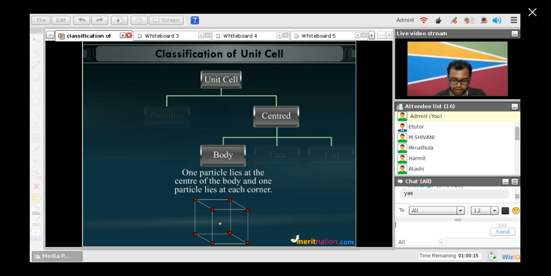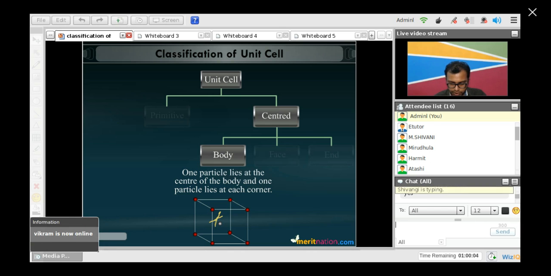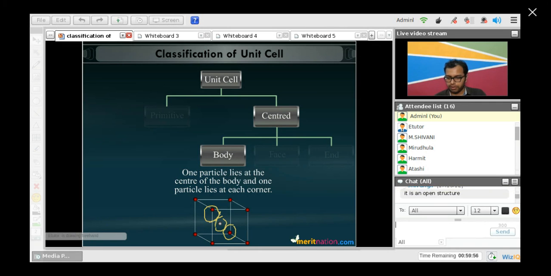You will have to imagine that the atoms are touching along the body diagonal. Clear? It is an open structure.